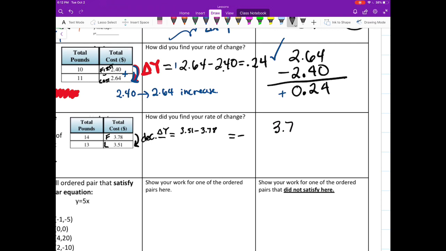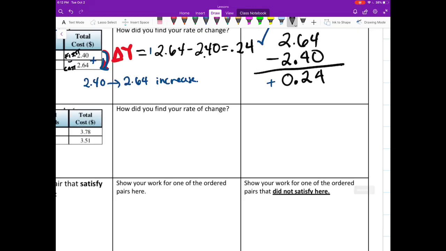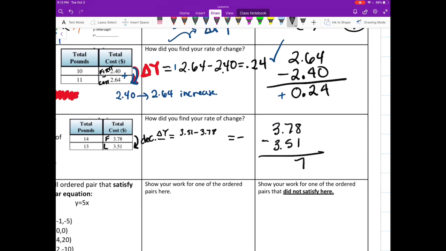So we do the math. 3.78 minus 3.51. 8 minus 1 is 7. 7 minus 5 is 2. Bring down your decimal. And there it goes. We decreased by 27 cents. Be careful here. Make sure that you pay attention.